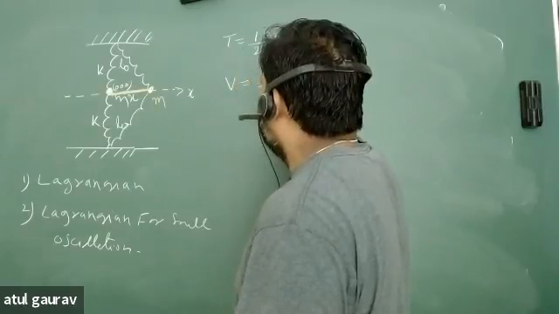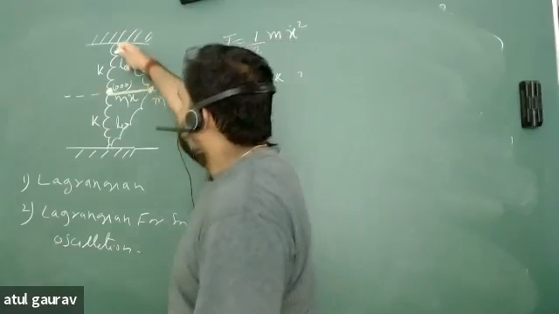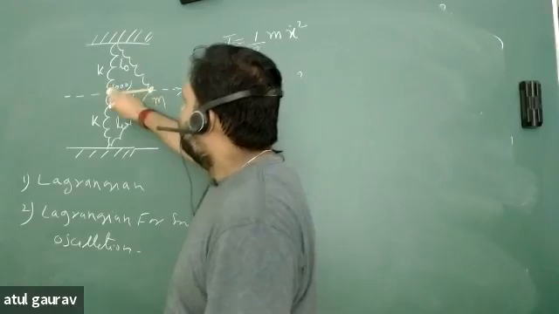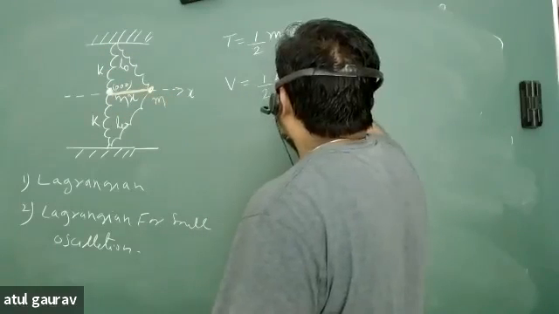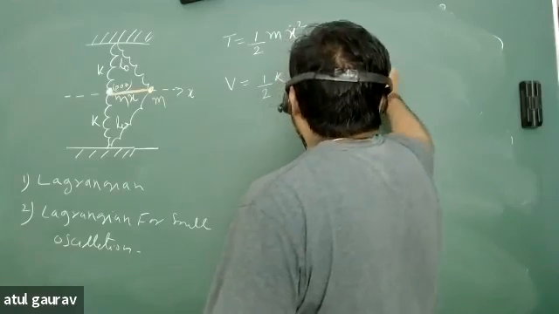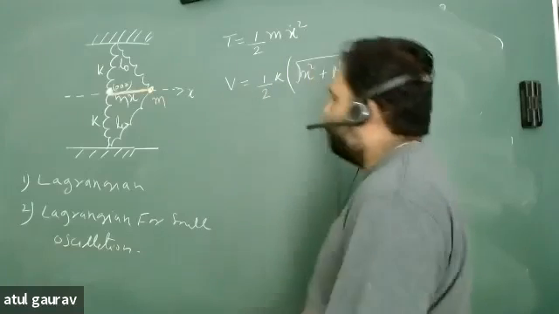Now, what will be the potential energy? Half K, and what will be this length? Can anybody tell me? If this is X and this is L naught, what is this length? It is root under X square plus L naught square, minus L naught, whole square.